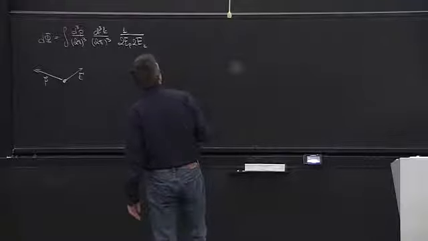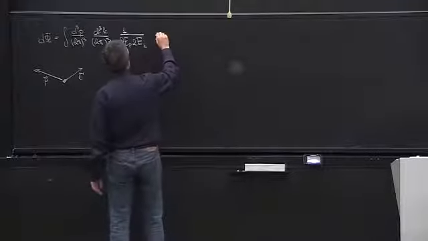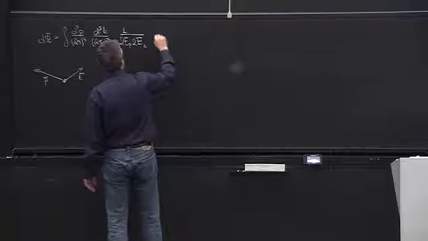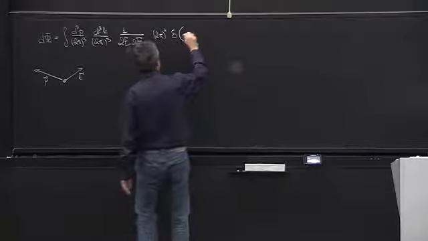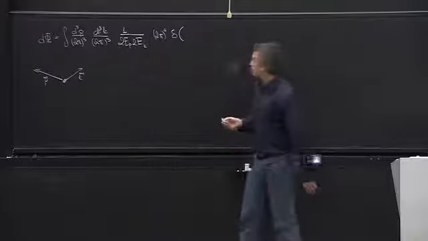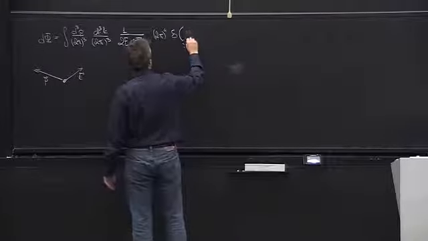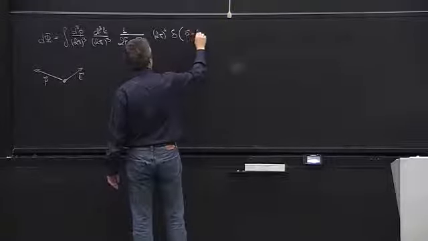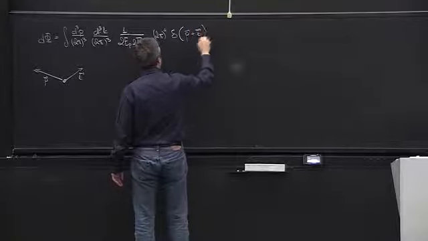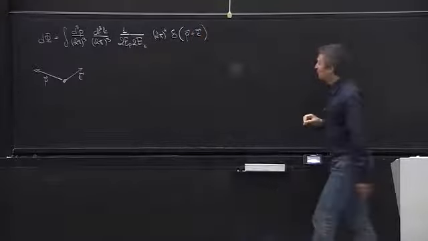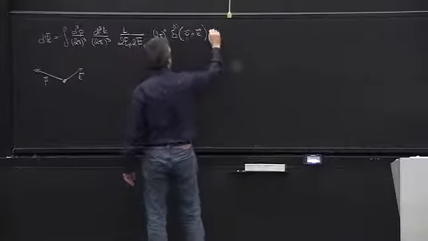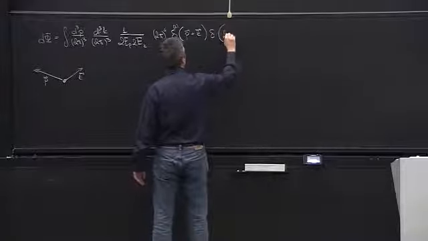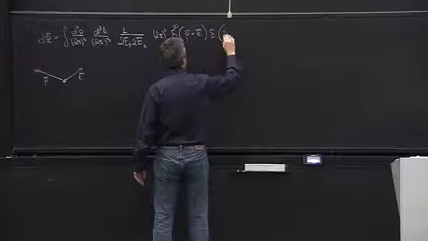And then 2 pi to the 4, and then the delta function that expresses the conservation law. So p plus k should be equal to the initial momentum, which is 0. So this is a 3-dimensional delta function. And then there is a 1-dimensional delta function for the energy conservation.